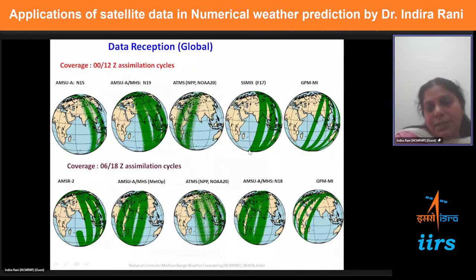And we are showing the coverage over India and the surrounding region from these polar satellites. The bottom panel is the coverage during the 6 and 18 UTC assimilation cycles. And all this data we are getting through NOAA and EUMETSAT.